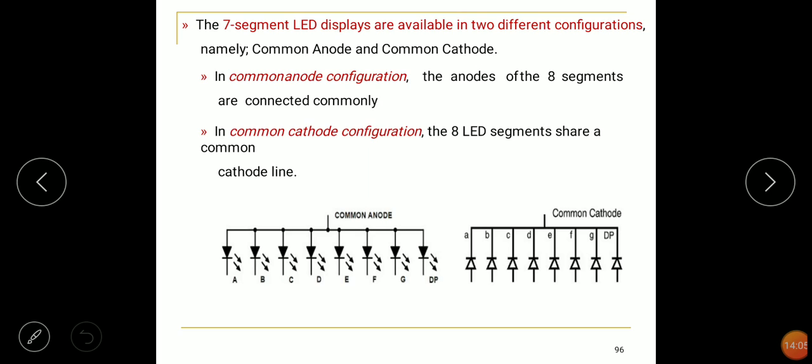Similarly, in the other type of 7-segment LED, the cathodes of all 8 LEDs are connected in common, as shown in the figure. So two types of LED are used. Okay.